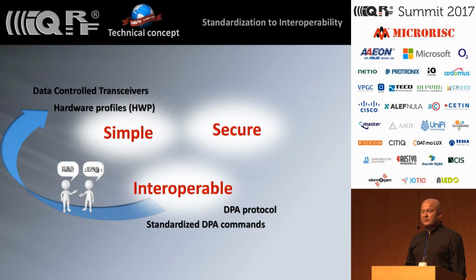Interoperability, as I mentioned yesterday, started at 2008 with IQRF when we defined DPA protocol. It means way that one device is able to talk and second device is able to listen. But not necessarily those devices should understand to each other exactly like in this example. They are talking and listening, but in different languages.